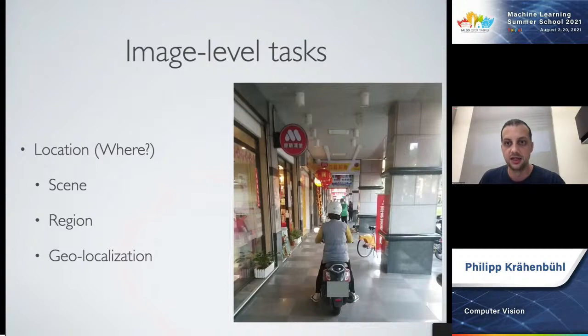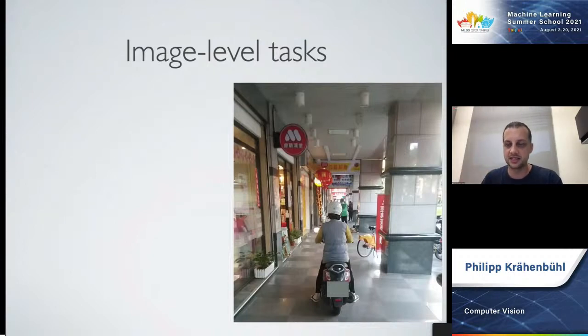Now, the next image level tasks that people study are context related tasks, where we're looking at not what's in the picture, but what you can say about the picture. One such interesting task is what year a certain picture was taken. In modern pictures, you can read this off metadata, but in older pictures, you actually have to look at the camera quality or the pixel level detail to figure this out.